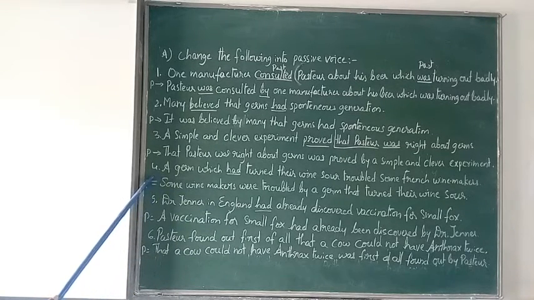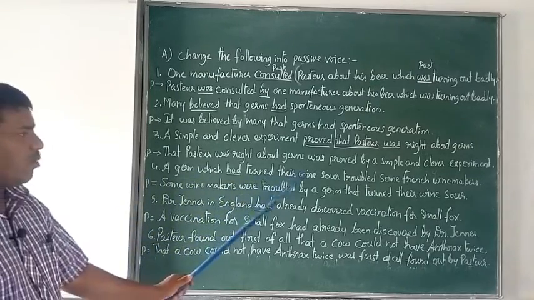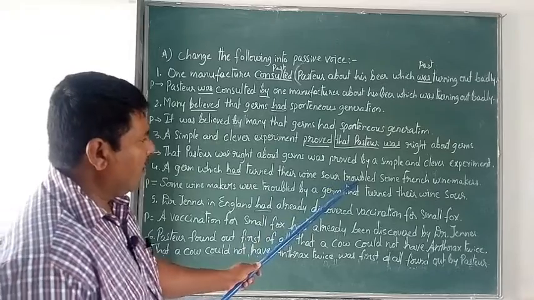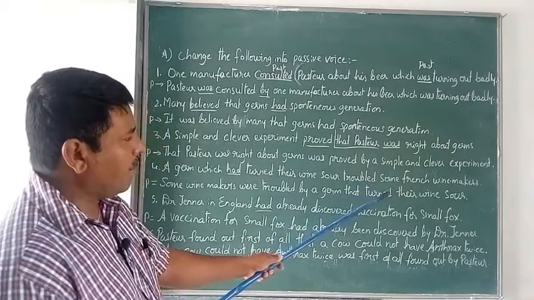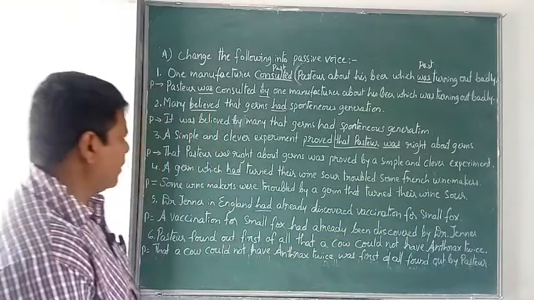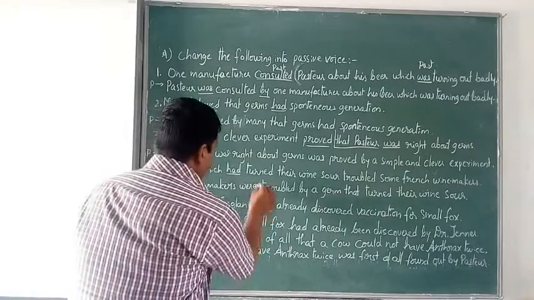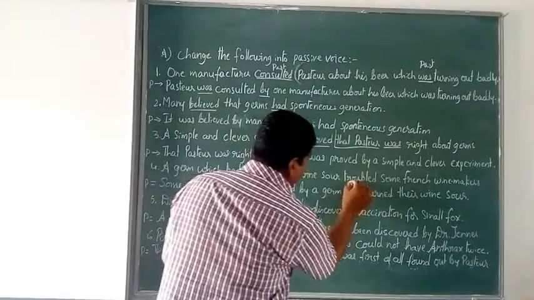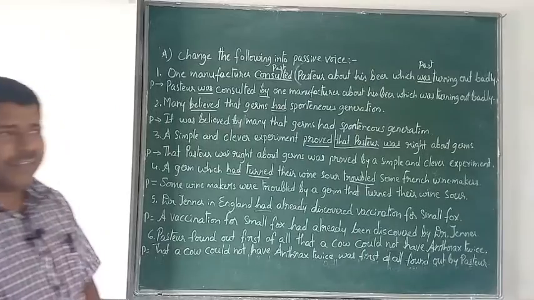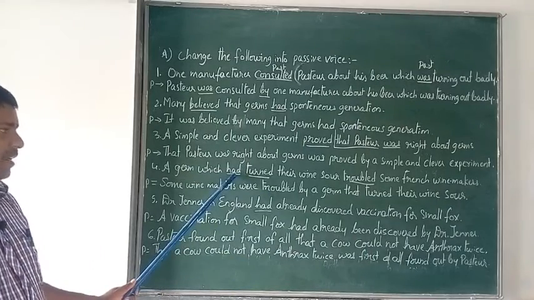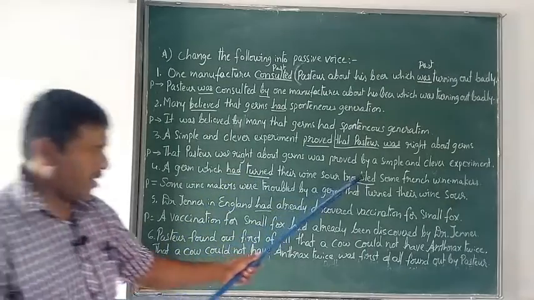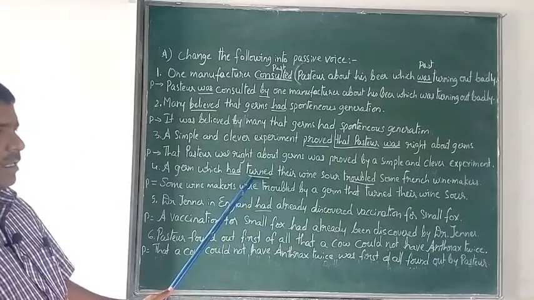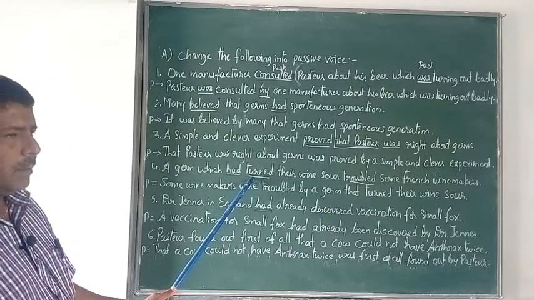Fourth one: a germ which had turned their wine sour troubled some French winemakers. Here also we have three past tense identifications, that is "had", "turned" and "troubled". Turn is a simple present.